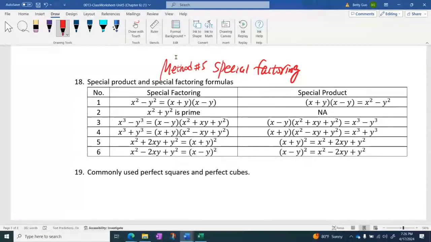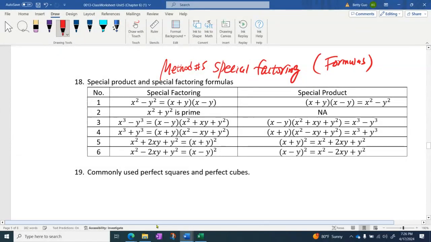Method number 1, factoring out GCF. Method number 2, factoring by grouping. Method number 3, shortcut. Method number 4, slide divided slide. Method number 5, we are going to learn special factoring. Special factoring is to use formulas to factor some special polynomials.